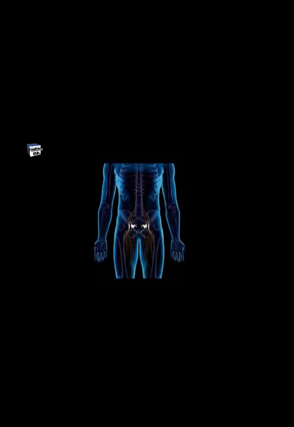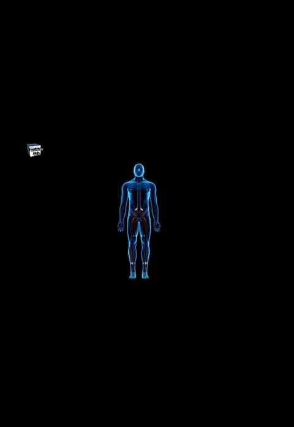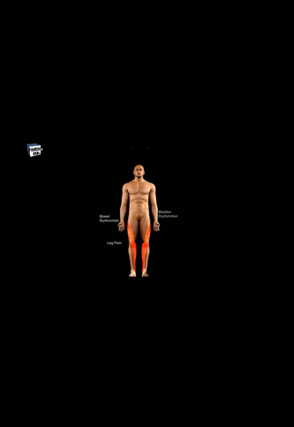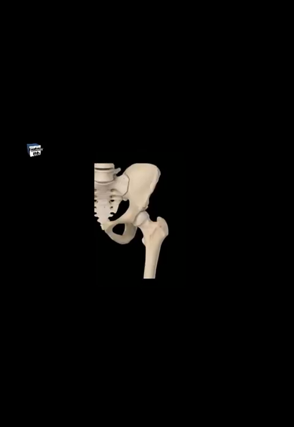Any structure from the lumbar spine to the femur can be affected directly. A short and tight iliopsoas often presents as externally rotated legs and feet. It can cause pain in the low or mid back, in the sacroiliac joint, at the hip, at the groin, thigh, knee, or any combination.